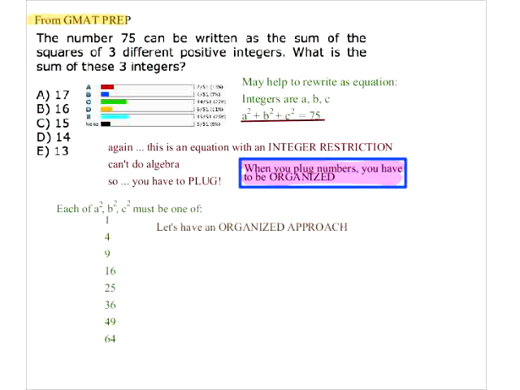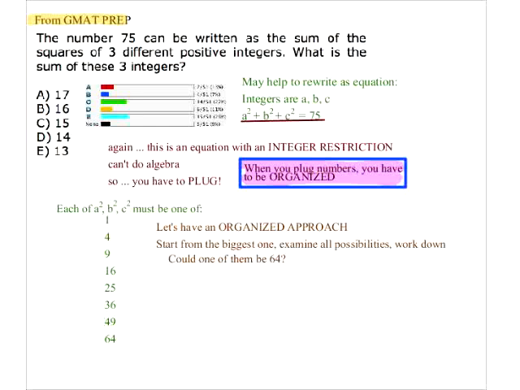How about start from the biggest one, examine all possibilities, and then work down. So let's say, could one of them be 64?